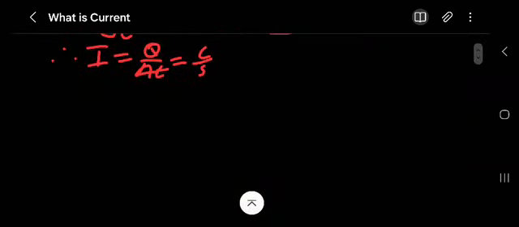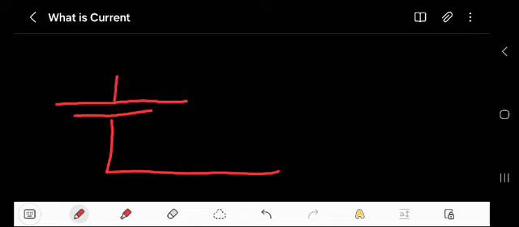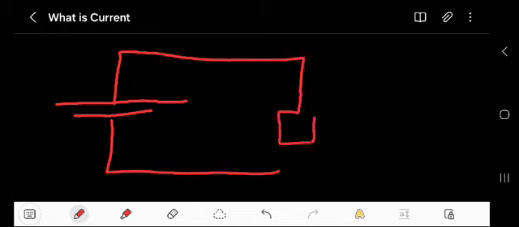For example, let's say we are given an electrical circuit. You must know the positive terminal is always the long line, and here is a negative terminal. Here we have a resistor, and a voltage of 20 volts.